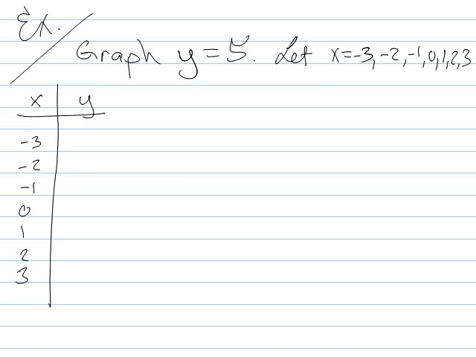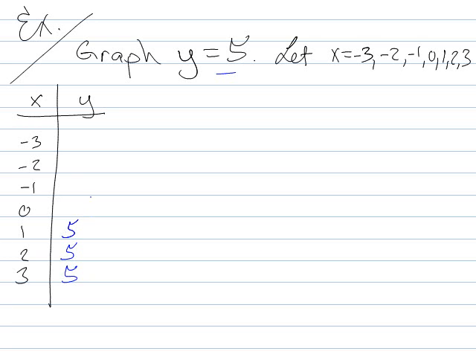All right. Now this is what's interesting about this: it's asking us to graph y equals 5. If x is 3, what is y? Well, y is 5, right? If x is 2, what is y? y is 5. You seeing the pattern here? If x is 1, y is 5.